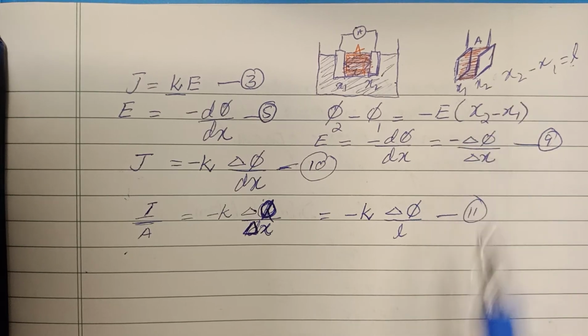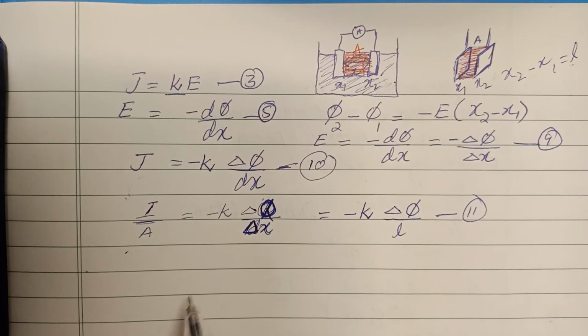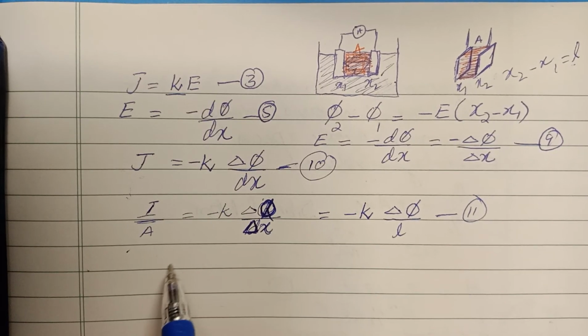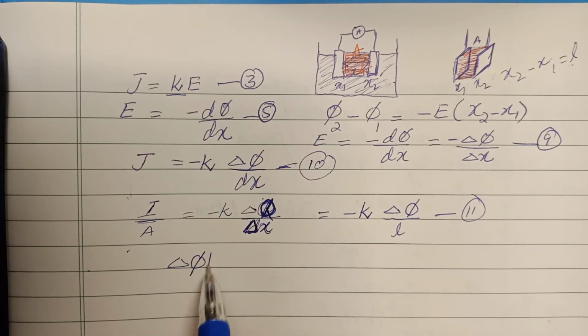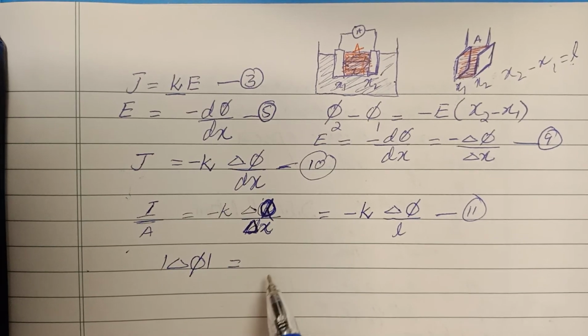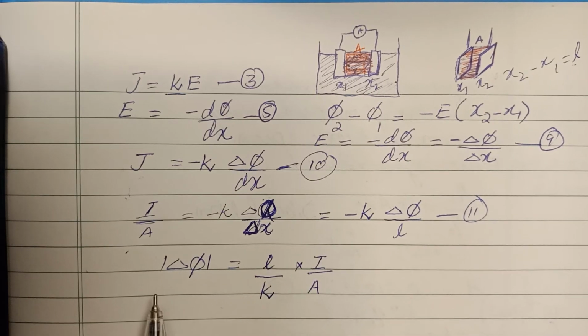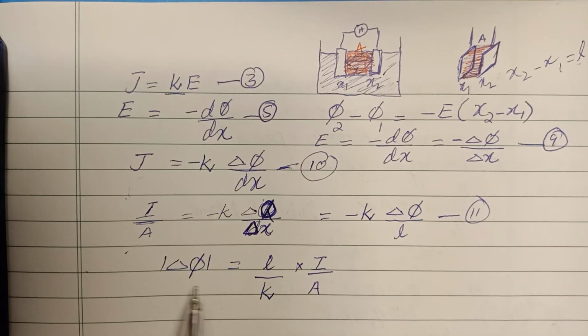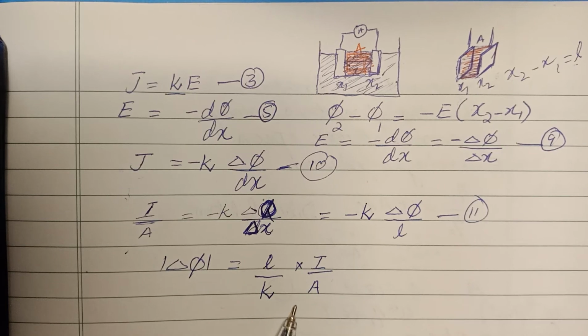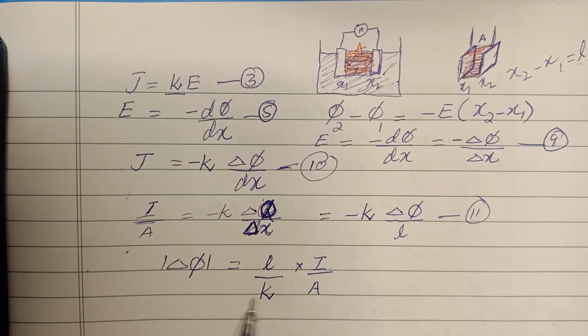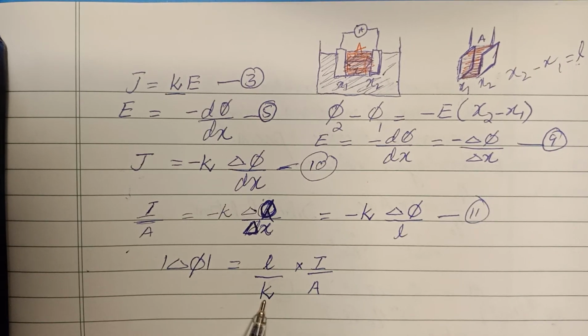So we can write the electrical potential difference as, the absolute value of electrical potential difference is equal to these factors. So the conductivity or the electrical conductance can be defined in terms of the electrical resistivity.